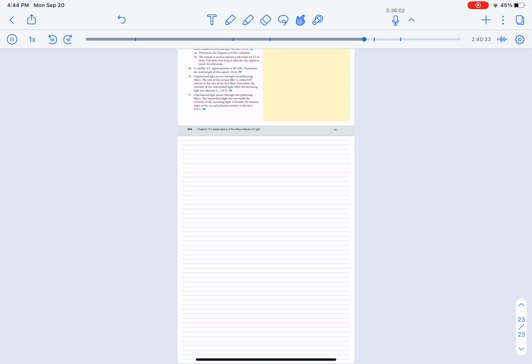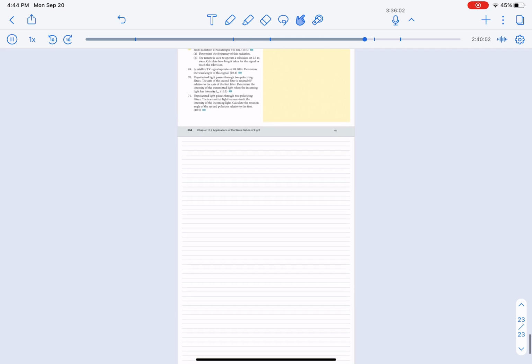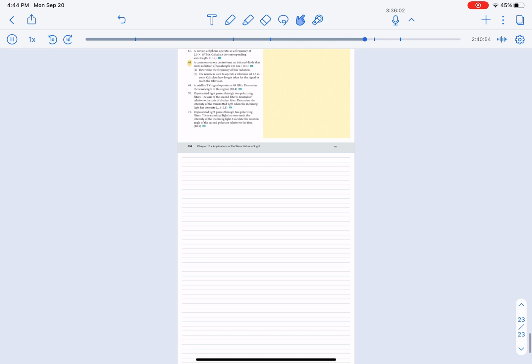So we have d1 plus d2 divided by delta t. We have 1,200 meters plus 400 meters divided by 900 seconds, and that works out to be 1.78 meters per second. Ashley?